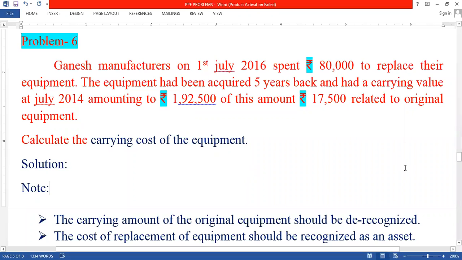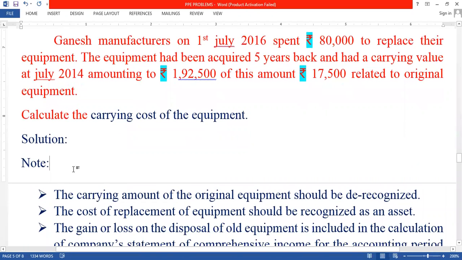In this problem, you should remember the notes. It is very essential. First of all, you should remember these important notes. The first note: the carrying amount of the original equipment should be de-recognized.